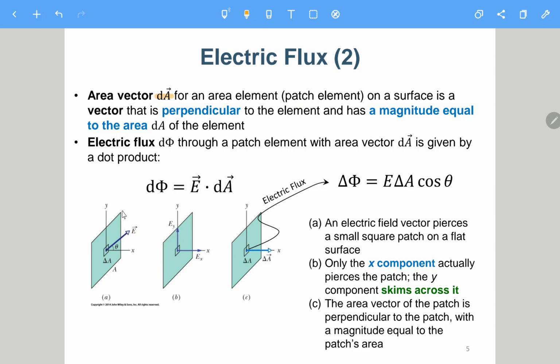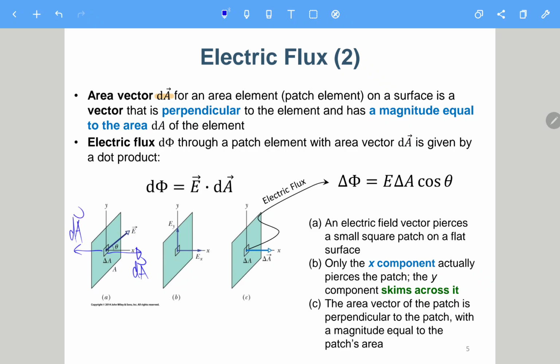So let's say this is the area, and then we find a vector which is perpendicular to this element. Of course, this is just like a plane. You can define dA pointing to the right side or to the left side. It is just up to you.